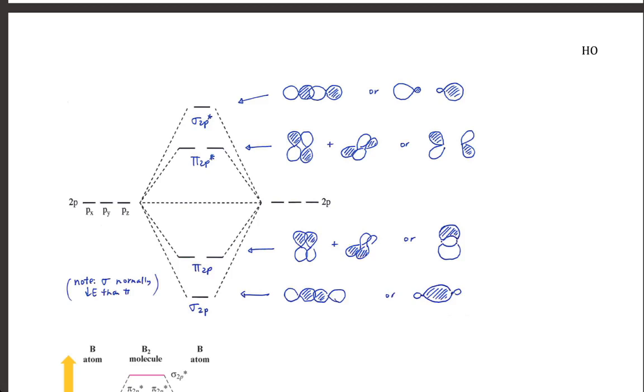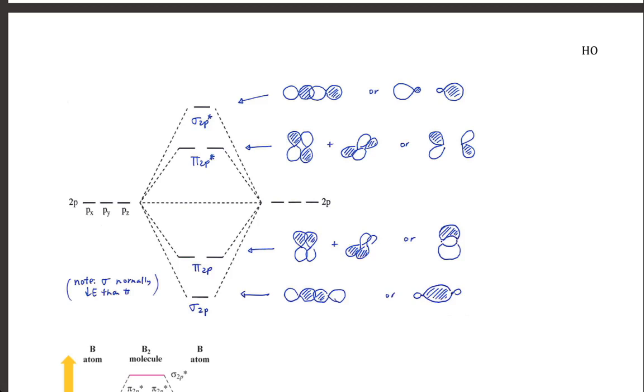Notice that as much as the one favors bond formation, the other one disfavors bond formation. So it goes to as high an energy position from the original energies as the other one goes down. And then the remaining pi MOs are shown there in the middle. Remember that there are two of each one.